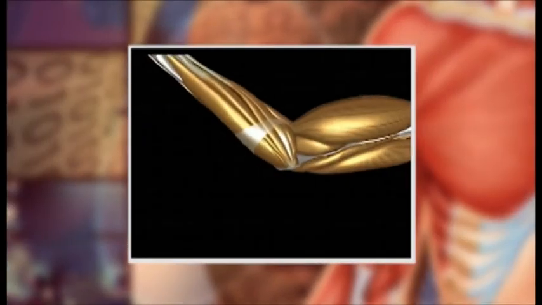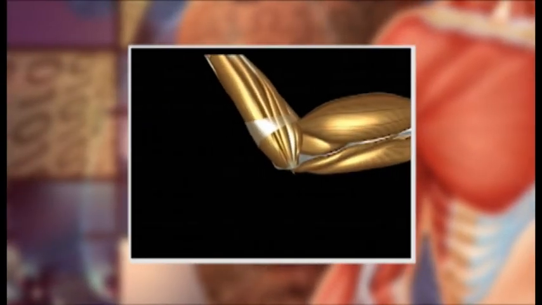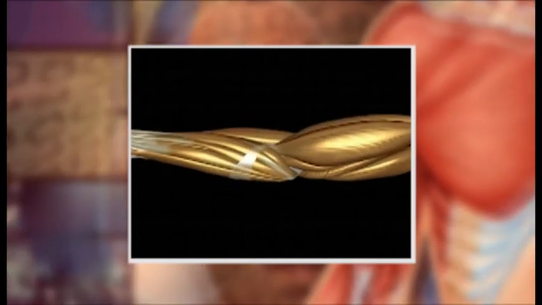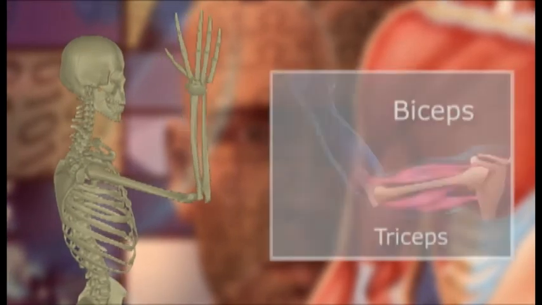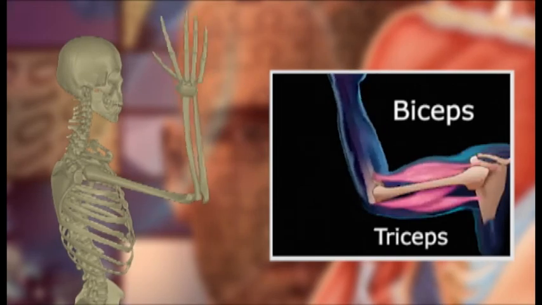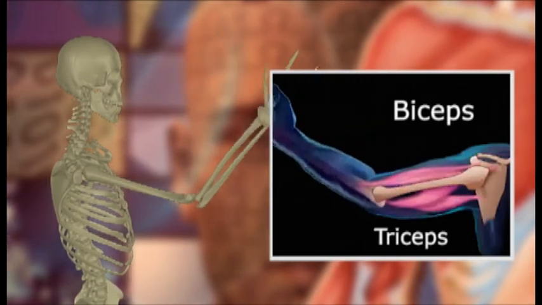So, one muscle contracts to pull the bone, and the other expands to support that movement. For example, when arm is bent, our biceps contract to pull the movable bone, while the triceps expand to support the movement. Can you imagine how life would be if we could not bend our elbows or knees?